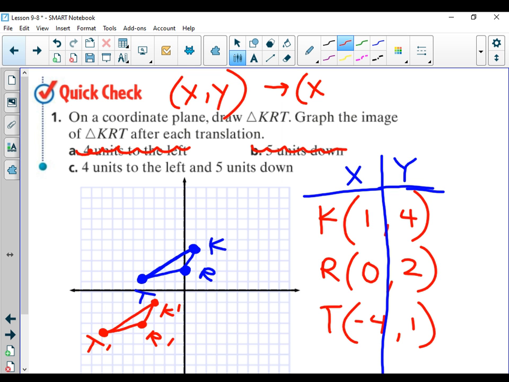Up, down. X's. Minus 4. X's can only go this way. Left. Minus. Or no. Right. Minus 4. What happened to all my Y numbers? Minus 5. Negative. Minus, negative, same thing.